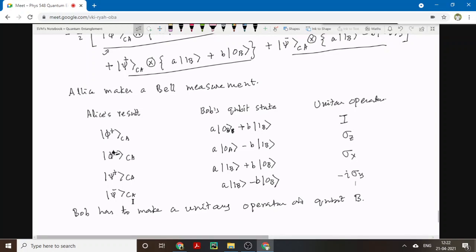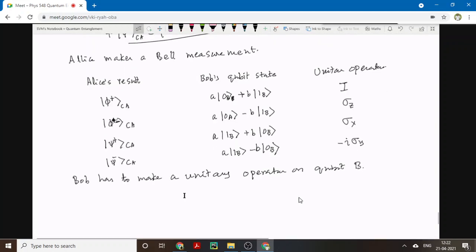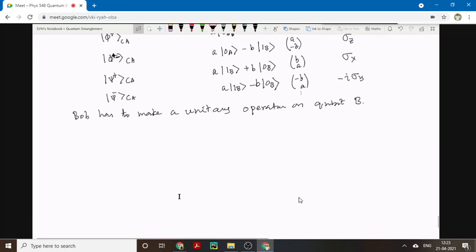If you write this as a column vector, this is like A B, this is like A minus B, this is like B A, and this is like minus B A. Now suppose you have sigma z on A minus B, that is equal to 1 0 0 minus 1 on A minus B, which is equal to A B. This is the required state.